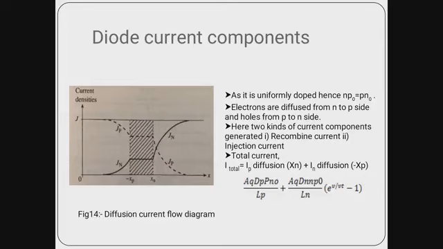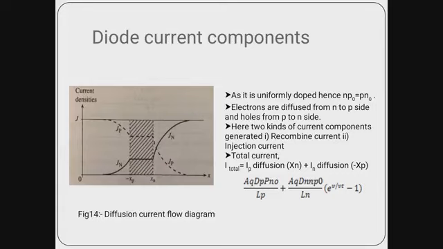Now I am discussing the diode current components, which was in my last slide. Here a plot has been given between current density J and distance X, and the diode we have chosen here is a uniformly doped diode.